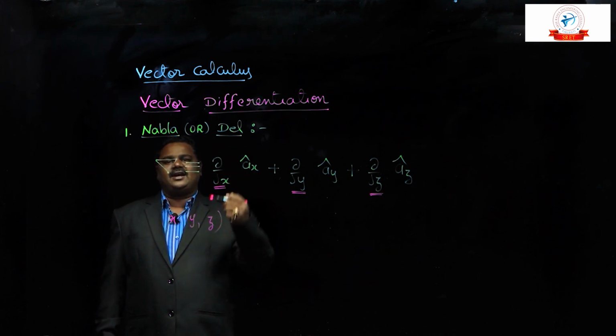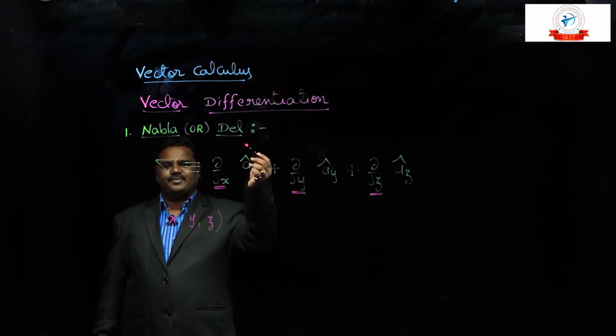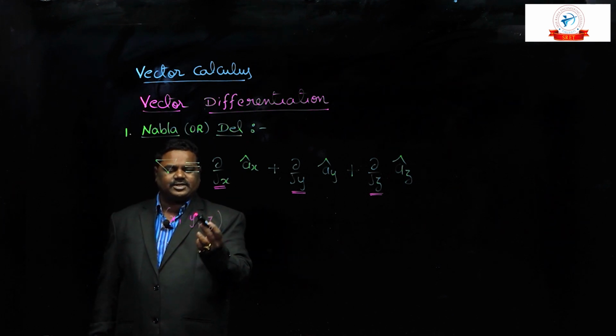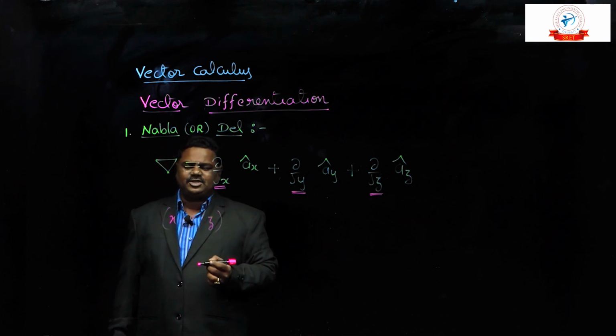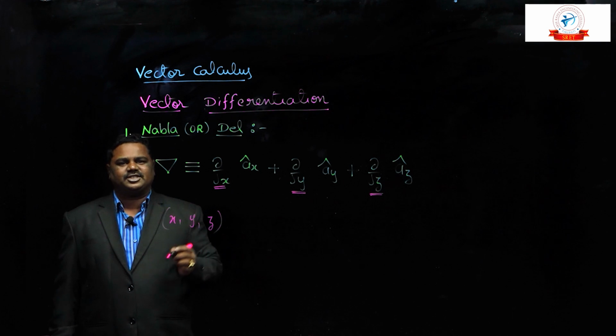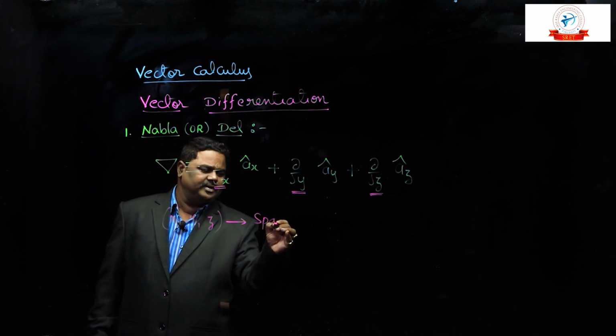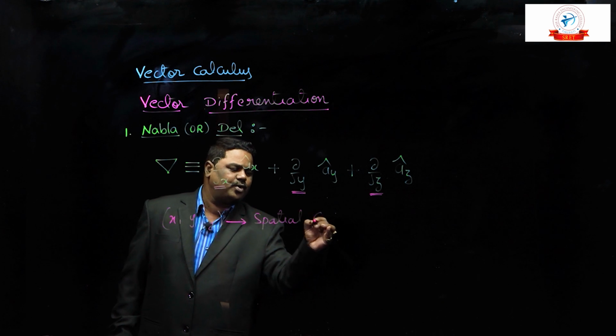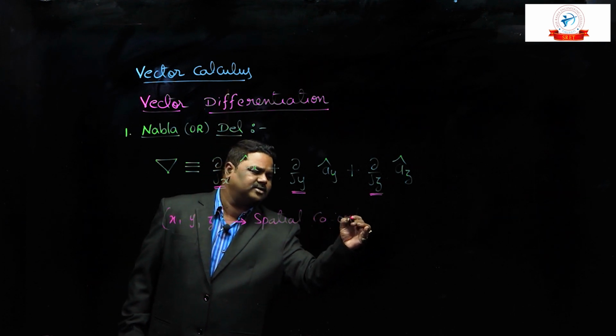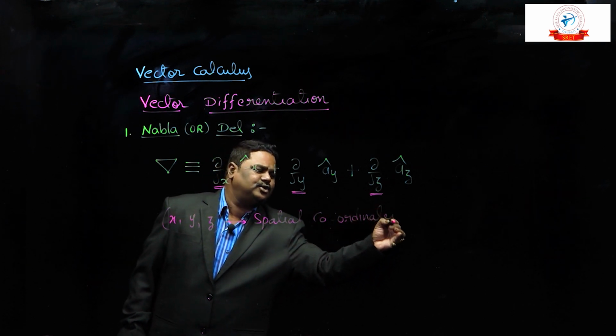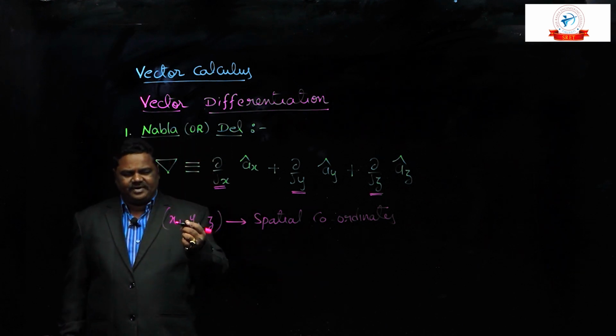So, you can say the address or location of any point in the free space is given with the help of these coordinates x, y and z. That is why these coordinates are called spatial coordinates, because they are used to address a point in the free space.